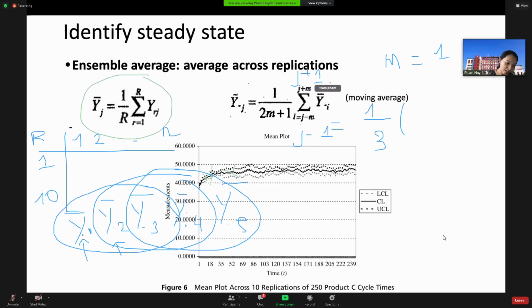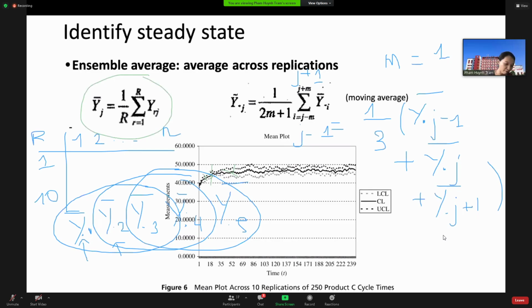That means we take the average of j minus 1, plus j, plus j plus 1, where j is the entity.